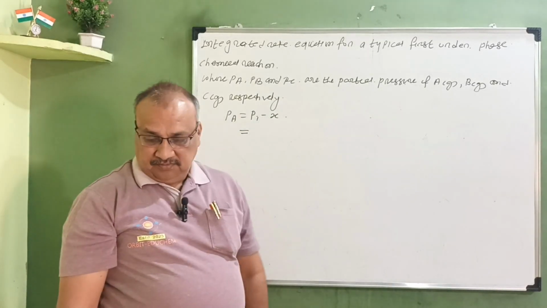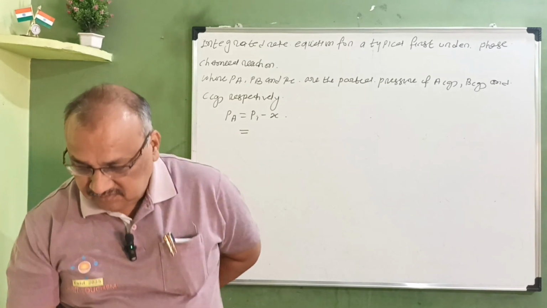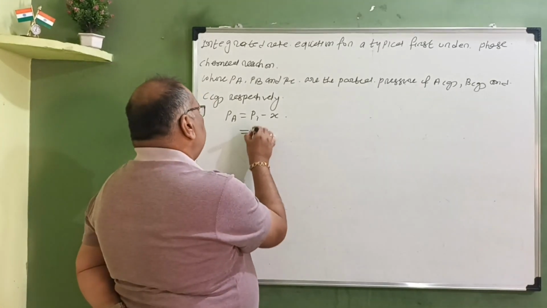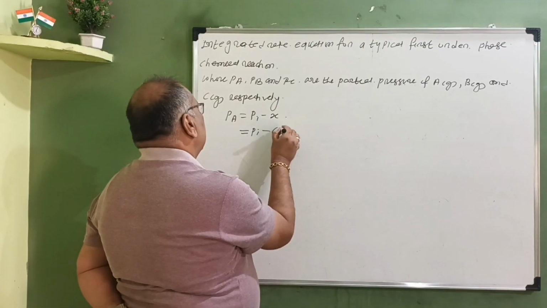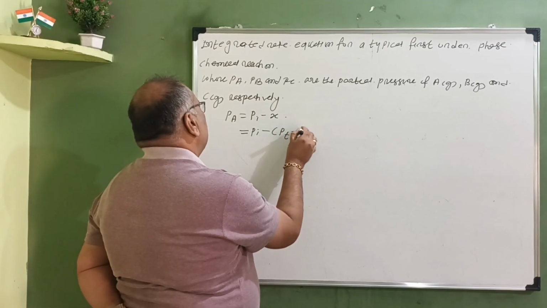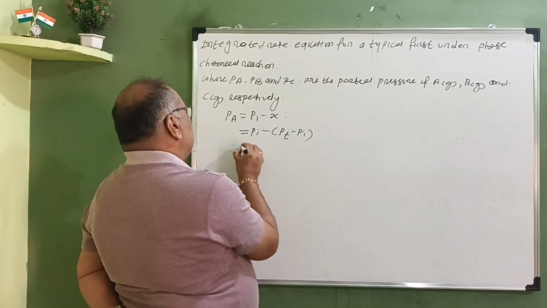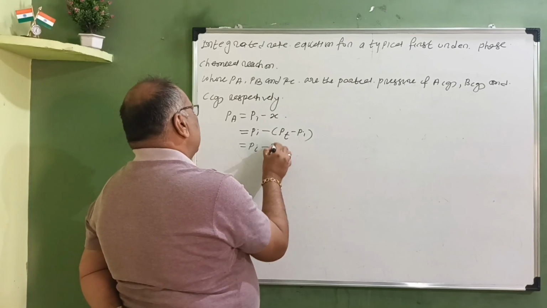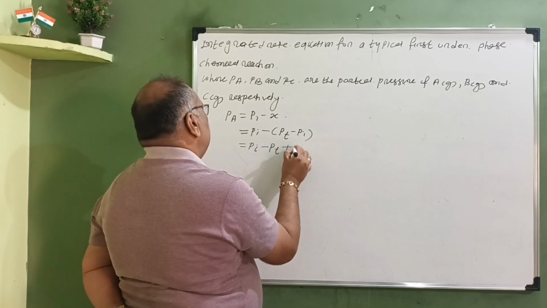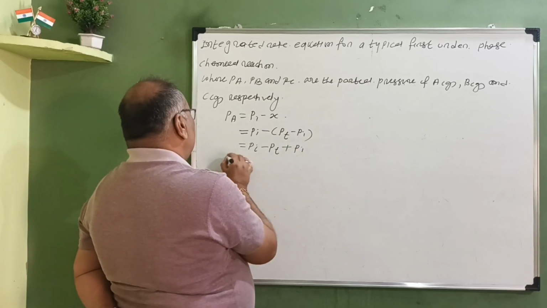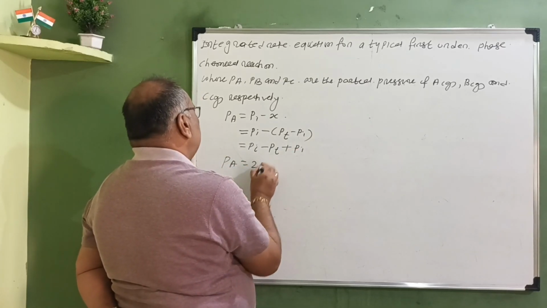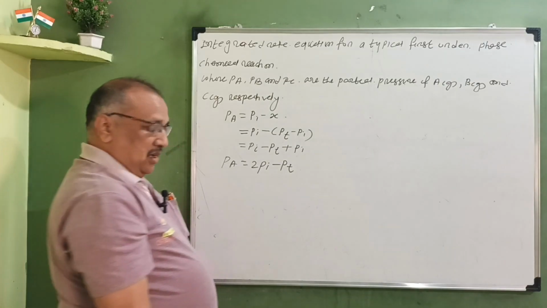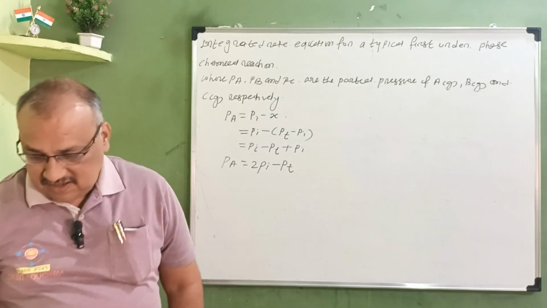Here x is, here write down PT minus Pi. That means here Pi minus PT plus Pi. That is here PA is equal to twice Pi minus PT. Now this is the value of PA.